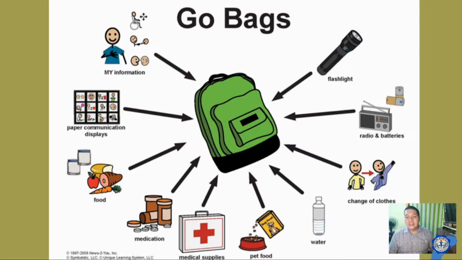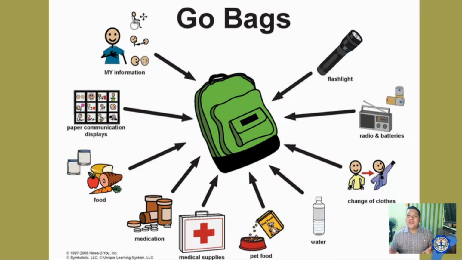So for instance, your parents are working somewhere in Quezon City and you're studying here in Caloocan. And for example, your sister is studying in Manila. So you need to choose a common area where you can meet all together in these trying or difficult times during disaster or crisis. So, do you now understand what a go bag is?